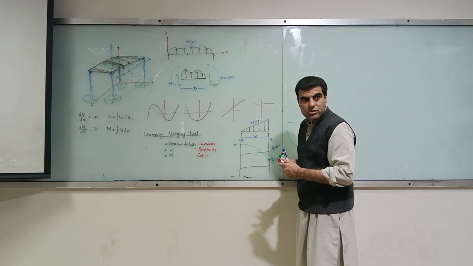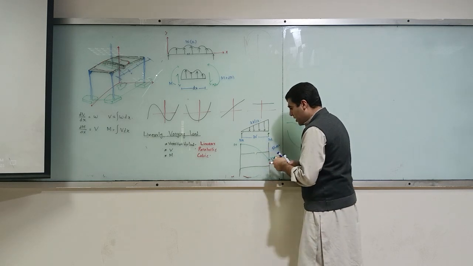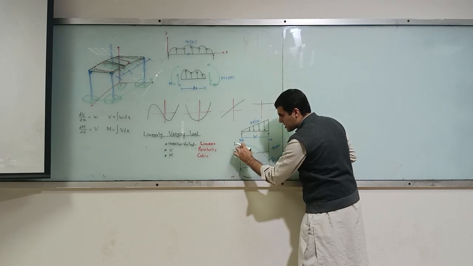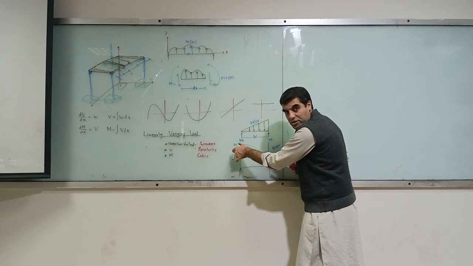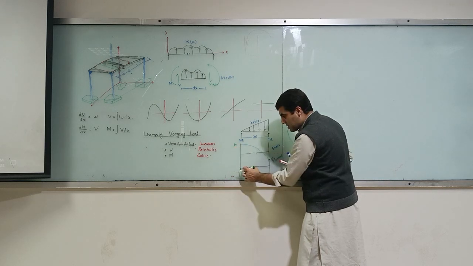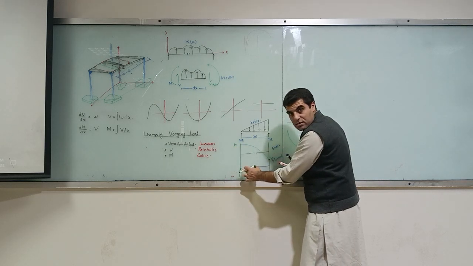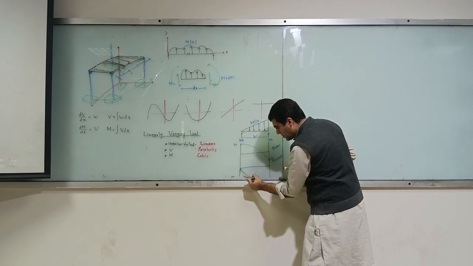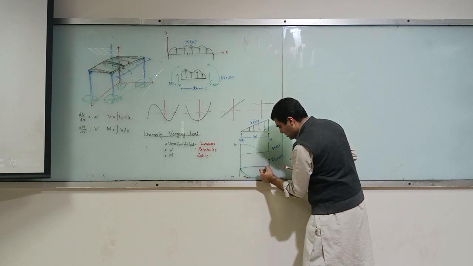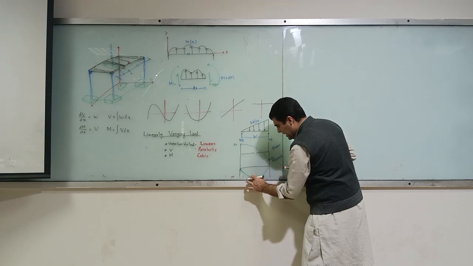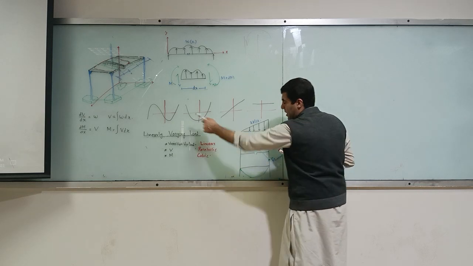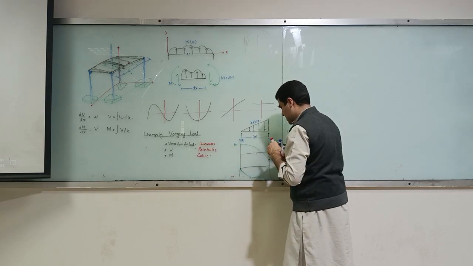How can it be zero? It can't be zero. So you will always have some slope, something like this. You can't have this thing zero. It would be something like this, and that would be a cubic curve.